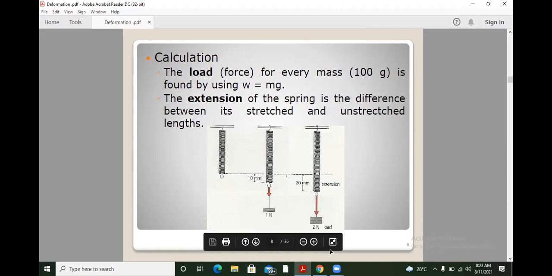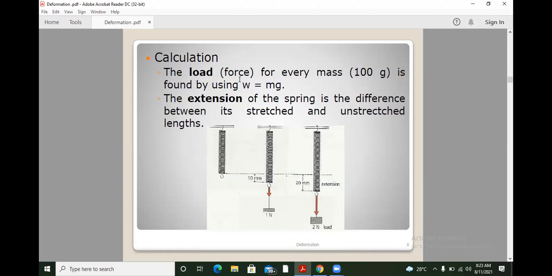Again, we increase the mass and find out the length. It will increase gradually as mass is increased, right? If I increase to 1 Newton mass, there is a change of 10 millimeter. Again, when I add one more mass, meaning 2 Newtons, you can see there is a gradual change, that is 20 millimeter. The load is the force.